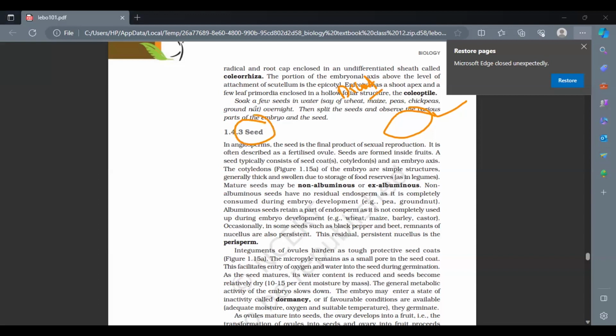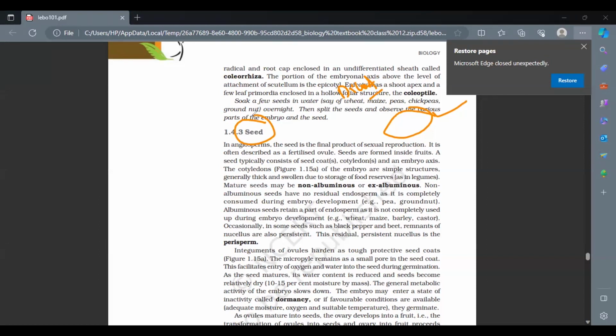The seed will undergo dispersal and germination, and then the new plant will grow. So what is the final product of sexual reproduction? If somebody asks you, the seed is the final product of fertilization. Now, where is the seed? The seed is inside the fruit. The fruit is formed by the mature ovary, a fertilized ovary, okay? So the final product of sexual reproduction is actually the seed, fine?